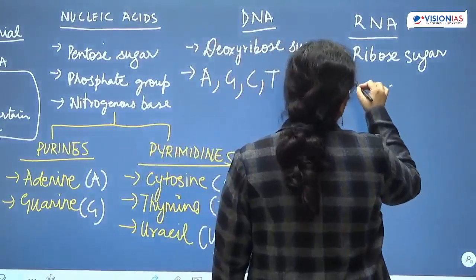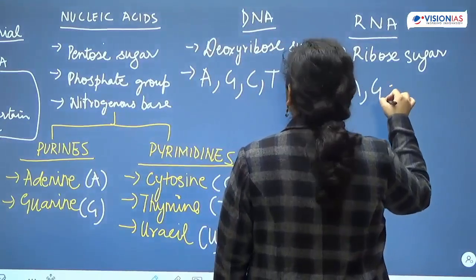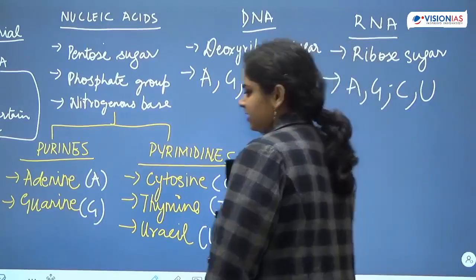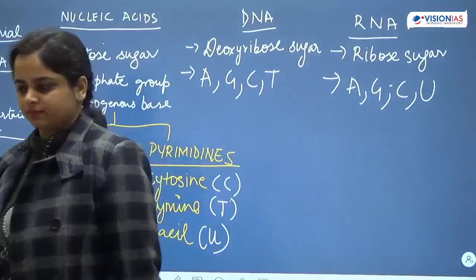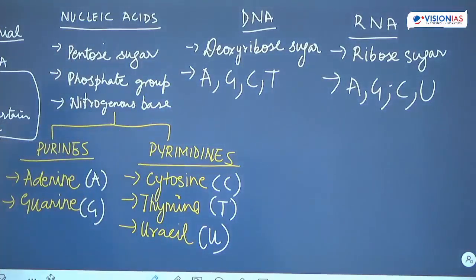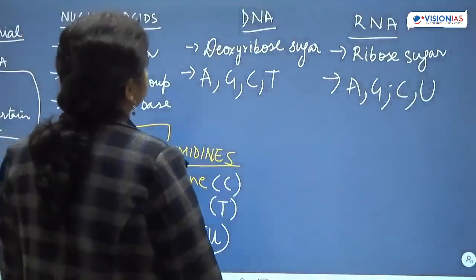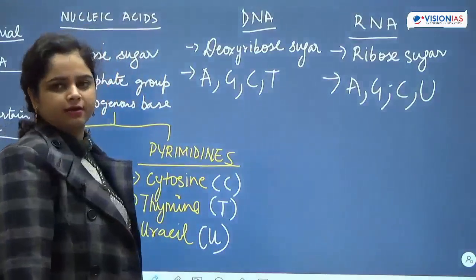RNA does not have thymine, but it has the other three: adenine, guanine, cytosine. But instead of thymine, it has uracil. So the thymine in DNA is replaced by uracil in RNA.